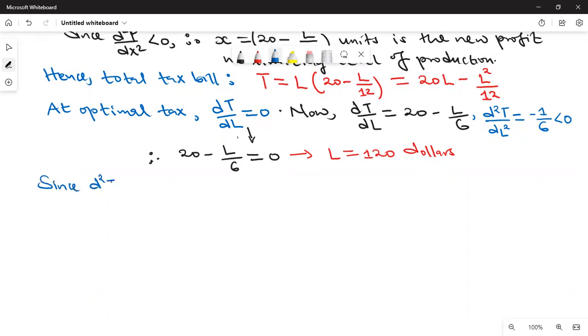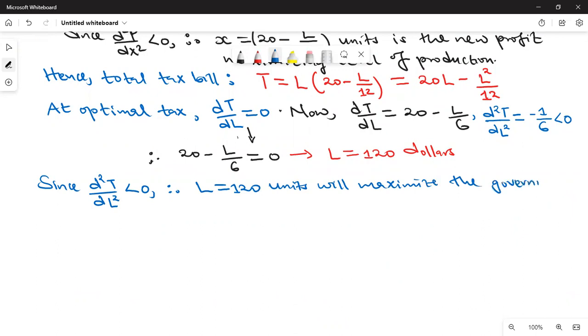So this simply means that since d squared T with respect to L twice is a value less than 0, therefore L, which we have found to be 120 units, will maximize the government's tax revenue.